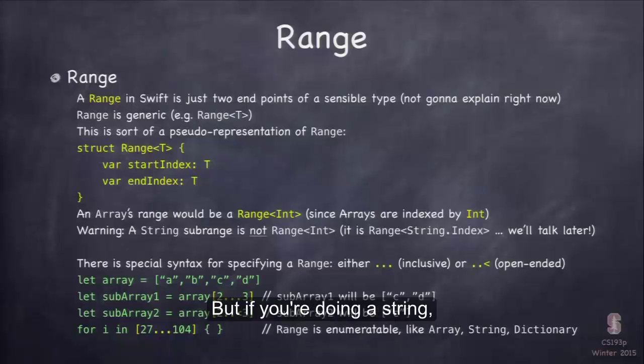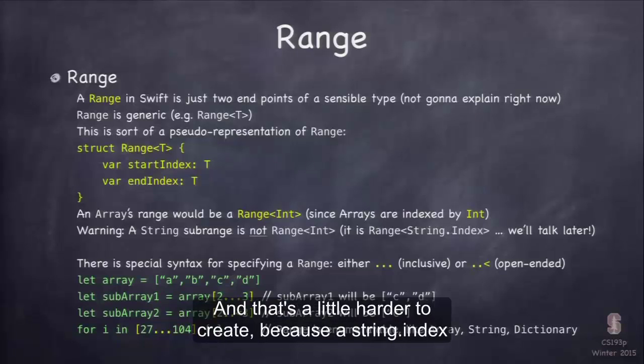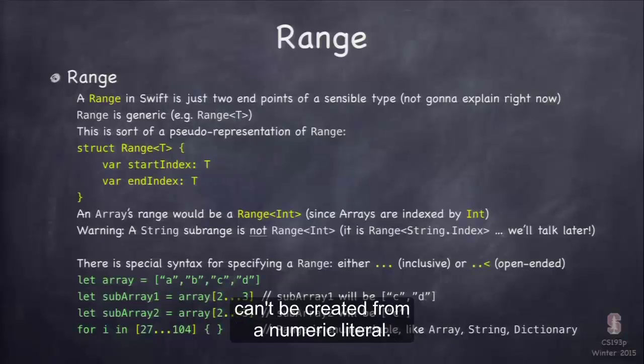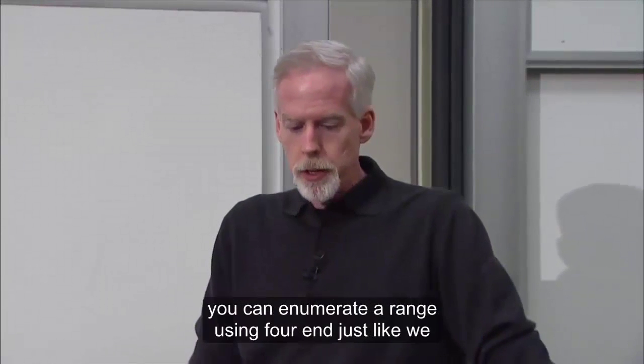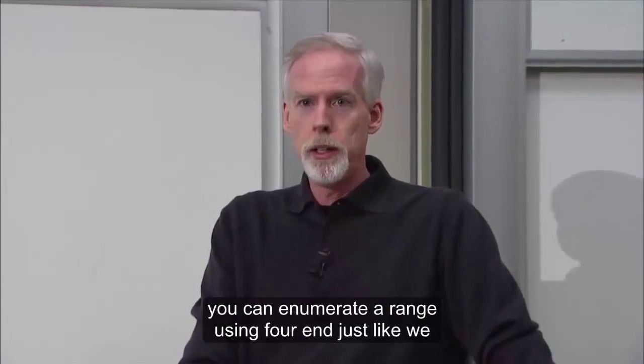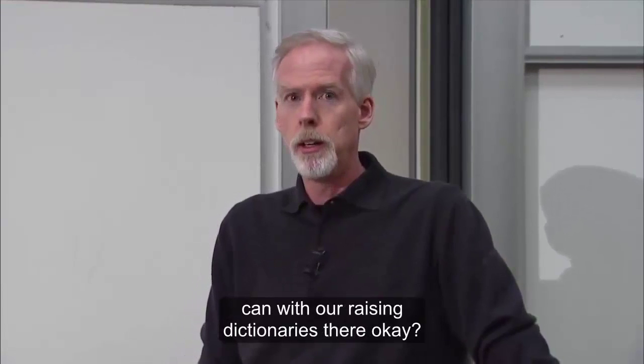But if you're doing a string, they have to be string.indexes. That's a little harder to create because a string.index can't be created from a numeric literal. You have to create it programmatically. So we'll talk about that in about 10 slides or so. And you can enumerate a range using for in, just like we can with arrays and dictionaries.